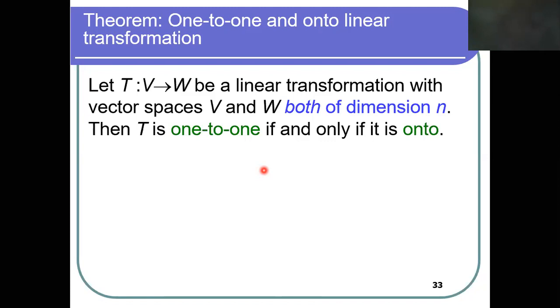If it is onto, then it implies T is one-to-one. If it is one-to-one, then it implies T is onto, when the dimensions of domain and codomain are equal.